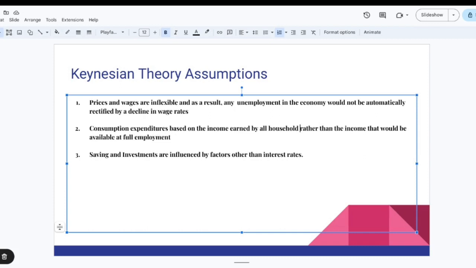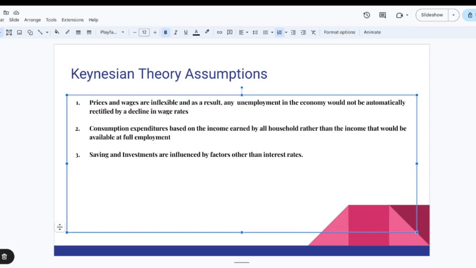So, income here is adjusted. You have to account for inflation, so you would use real money or real income to work out everything here in the Keynesian model.